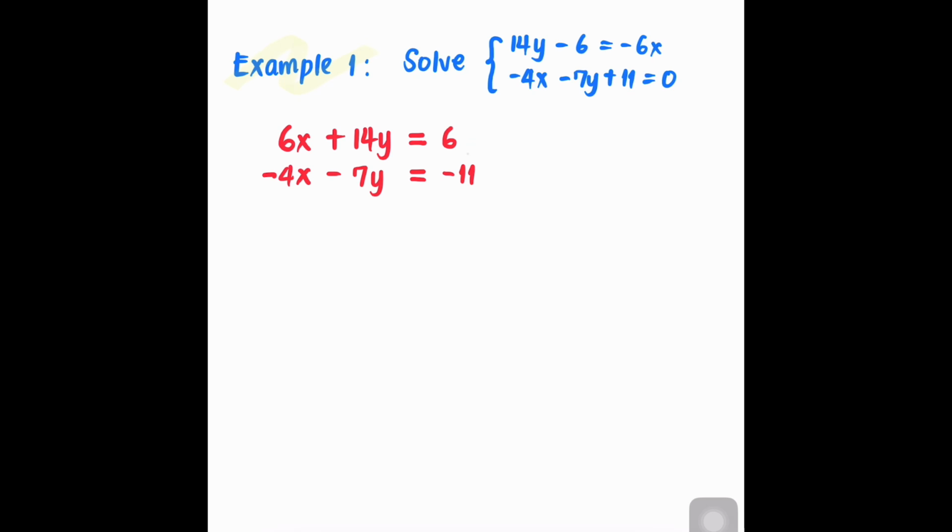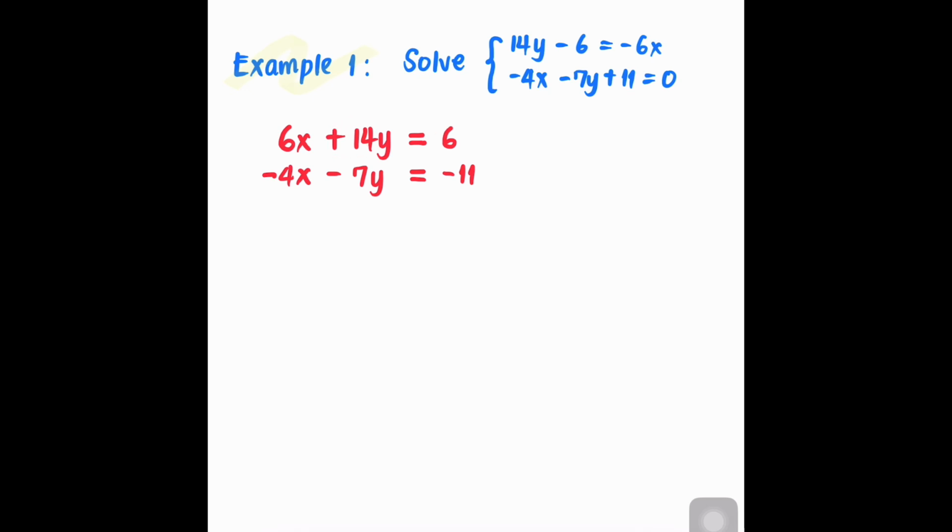Now for the elimination method, the first thing that you need to think about is which variable do you plan to eliminate? So in this case, I would like to eliminate variable y. So in order for me to do that, I noticed that on the first equation, the y term has a coefficient of positive 14.